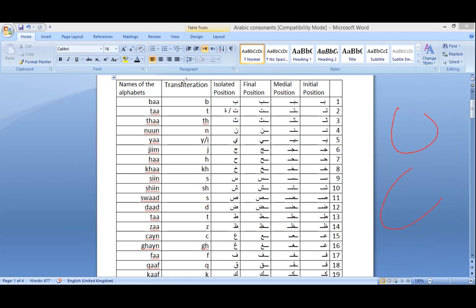There are a few, three or four letters or even fewer, that are left without being turned up or turned down. But 99% of the letters either face up or face down when in isolated position.